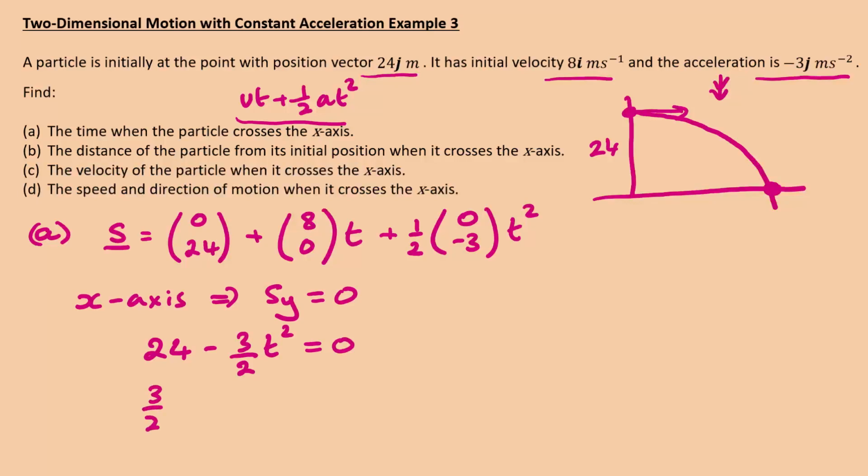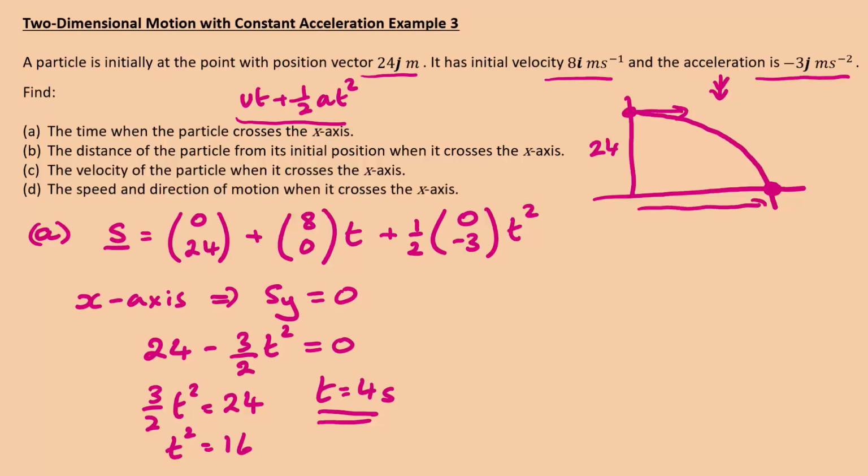So 3 over 2 t squared is equal to 24. So t squared is going to be twice 24, which is 48, divided by 3 is 16. And that must mean that t is equal to 4. We then want the distance of the particle from its initial position when it crosses the x-axis.